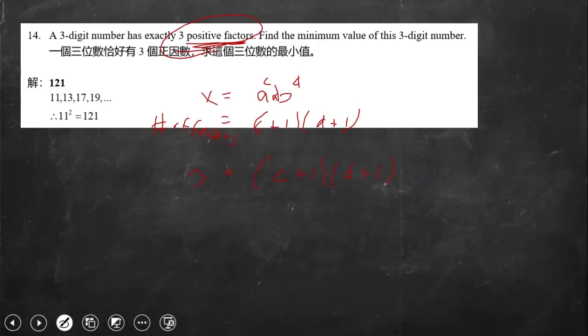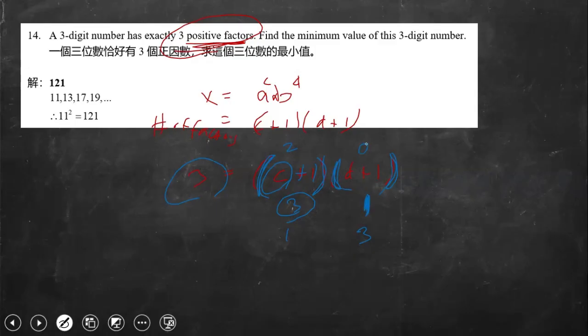We know that the result of this has to be either 3 times 1 or 1 times 3. Since 3 is prime, what will you add to 1 so that the result is 3? Well, 2. And then we need to have 1 on the other side, so d must be 0.